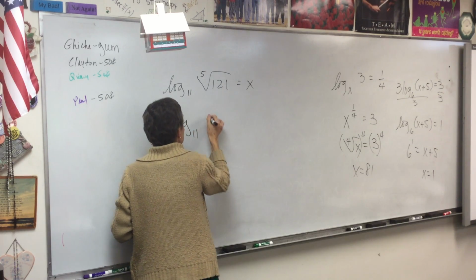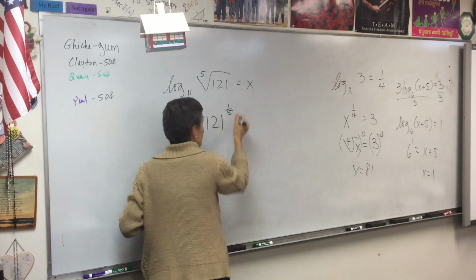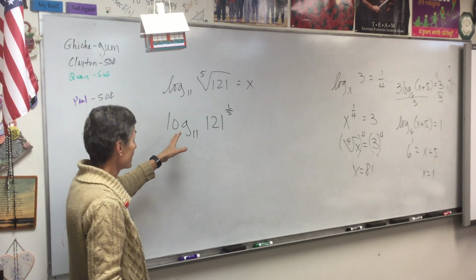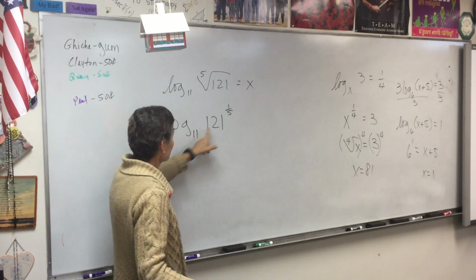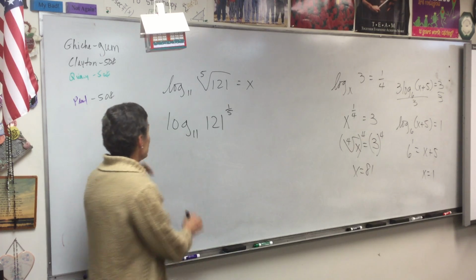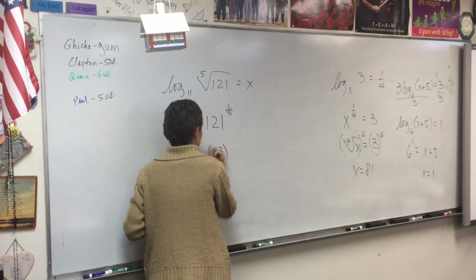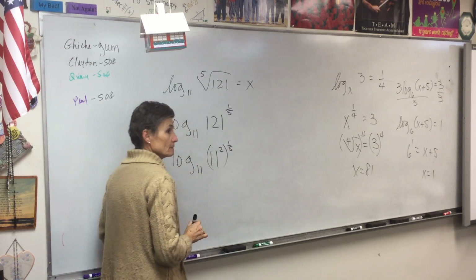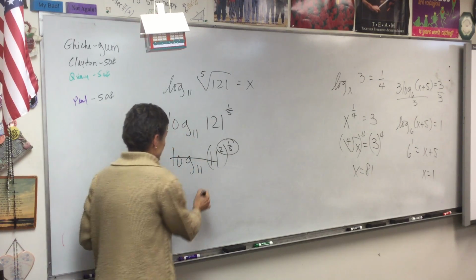So if you choose to leave the radical in the problem, which is perfectly okay, it's perfectly okay to leave this logarithm because 11 and 121 have a very special relationship, right? So if you think of the problem as this, these are going to cancel and the answer is just 2/5.